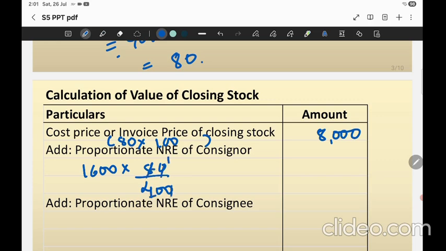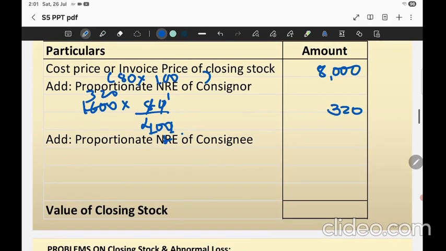So it will be 320. Then there is no proportionate non-recurring expenses of consignee. Hence, it will be 8,320. Okay, next.